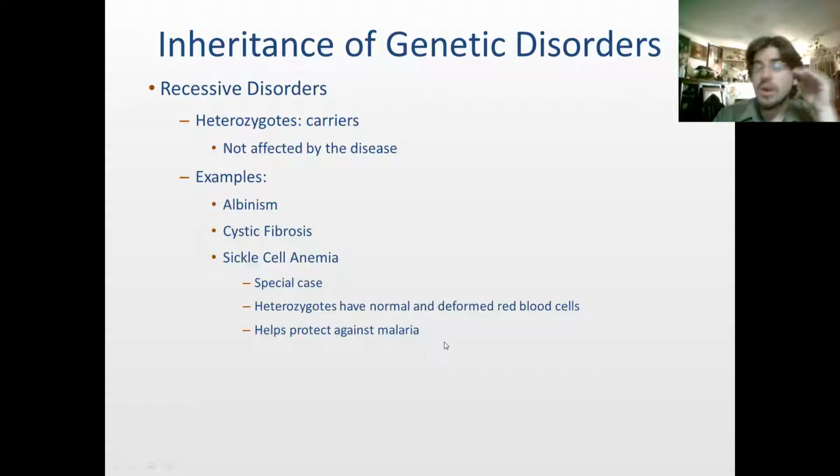And what do you know? Sickle cell anemia provides a benefit if you live in a place that has lots of malaria. And when they examined the genes of a lot of African tribesmen, they found that many of them were heterozygotes because the carrier, in fact, gets a benefit.